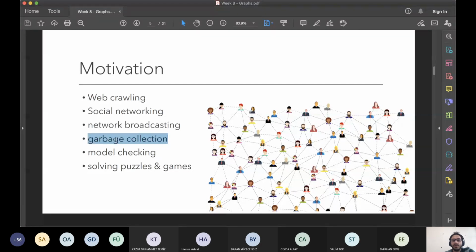Like garbage collection in the modern operating system: they free the objects or instances that are not reachable anymore. When you write a program, you create objects and variables, and after some time you free the object from your program, but you don't need to free the object from the memory.